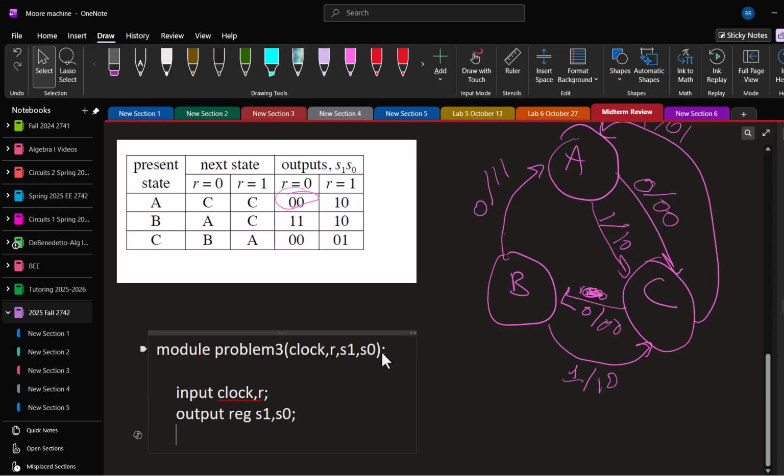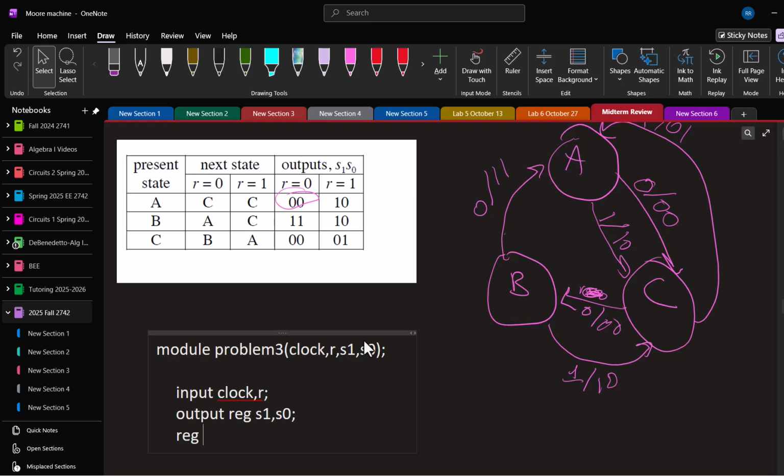Okay, and then I'm going to have reg. Now, how many bits do I need to represent my state? Would that be 3? I could use 3, but I'm going to use 2. I have 3 states, so I want the smallest power of 2 that's more than 3. 2 squared is 4.